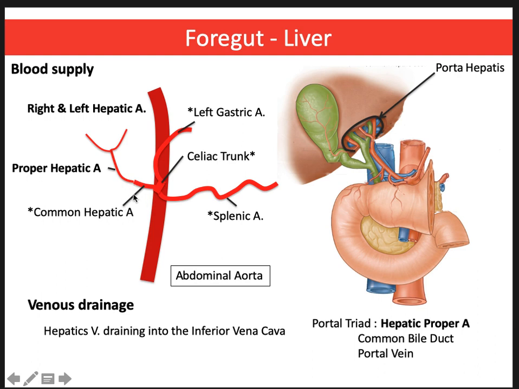As soon as this one arises from the common hepatic artery, you have another one that heads towards the liver and is properly designated for the liver, so it's the proper hepatic artery. Since we have two major, bigger lobes, the right and the left, you will have two sub-arteries coming from your proper hepatic artery.